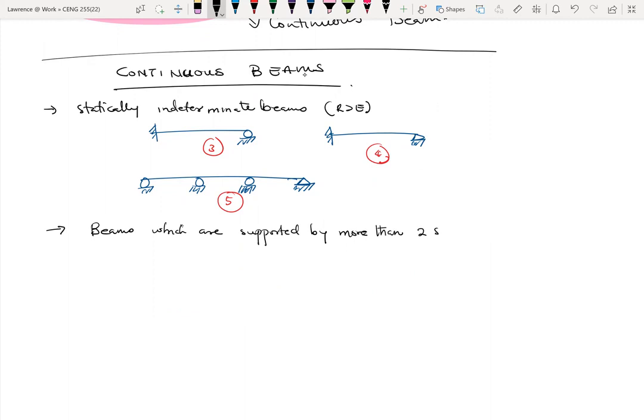Here, these supports have to be rollers and pins. No fixed support.